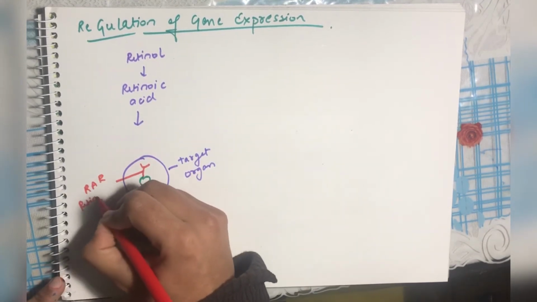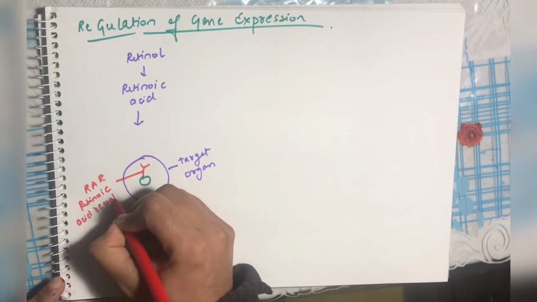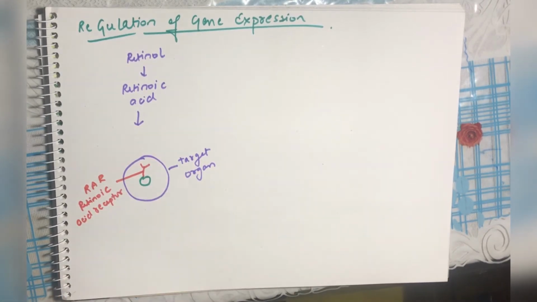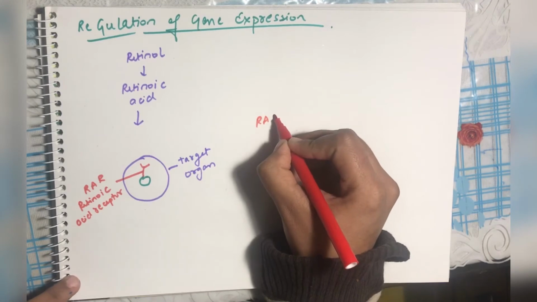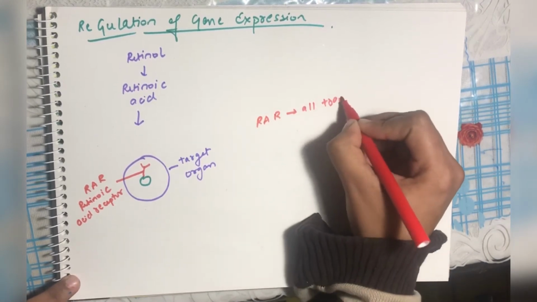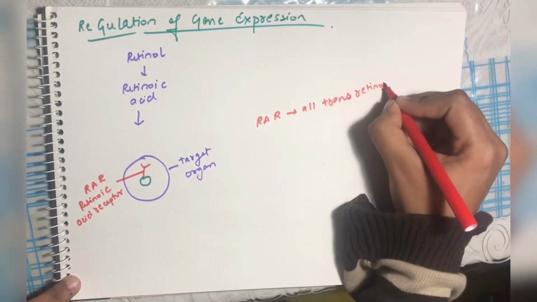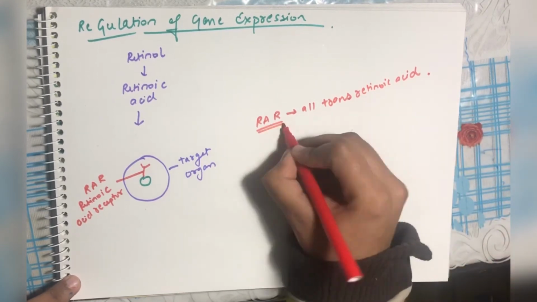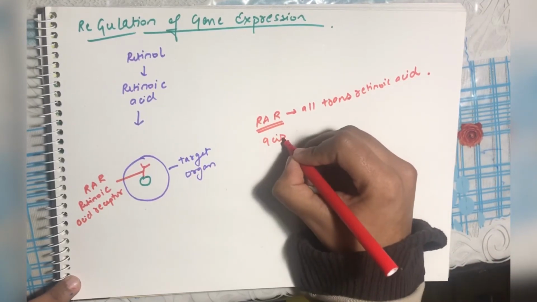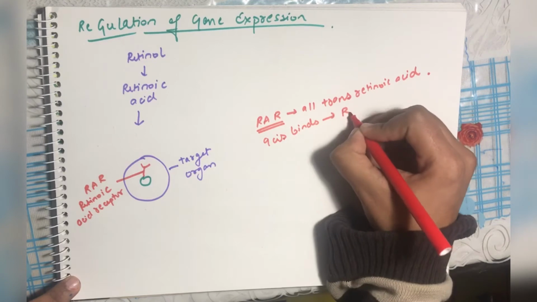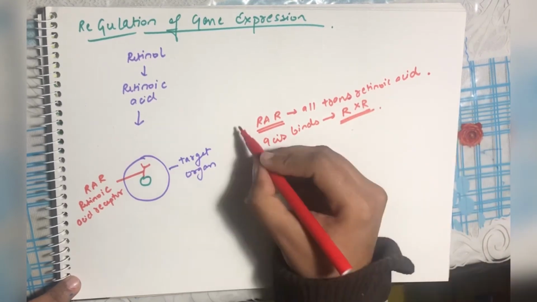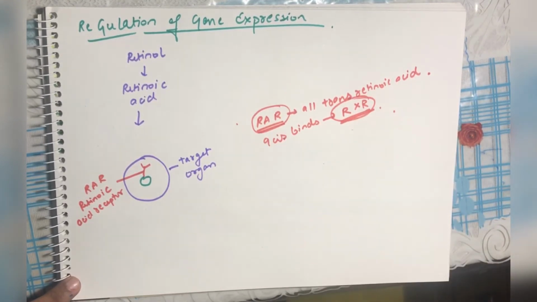So there are two receptors. The number one is RAR, by which all trans retinoic acid binds, and the next is RXR, by which 9-cis retinoic acid binds. So remember these two receptors, RAR and RXR.